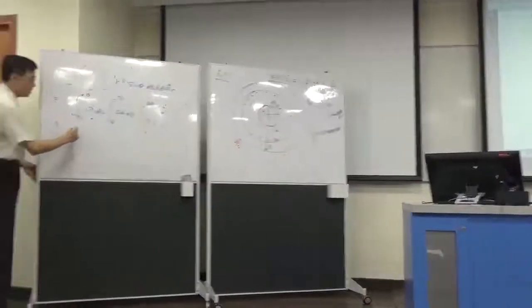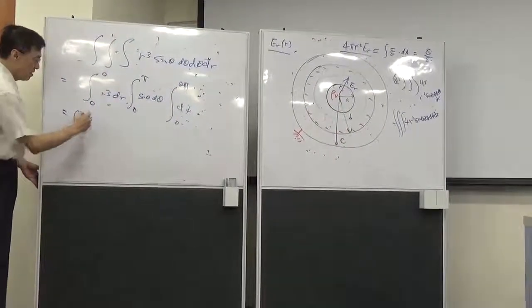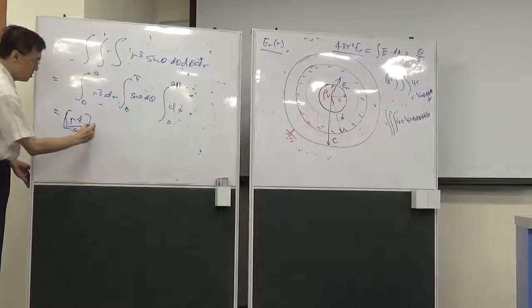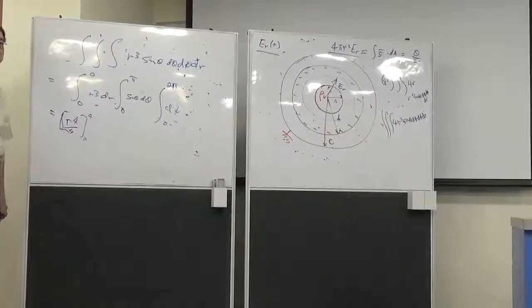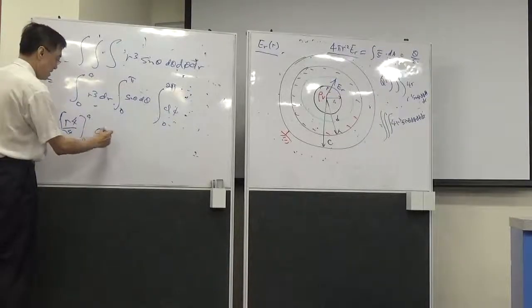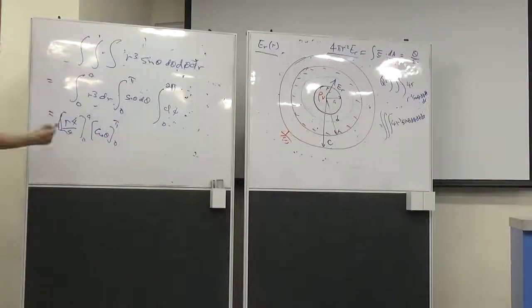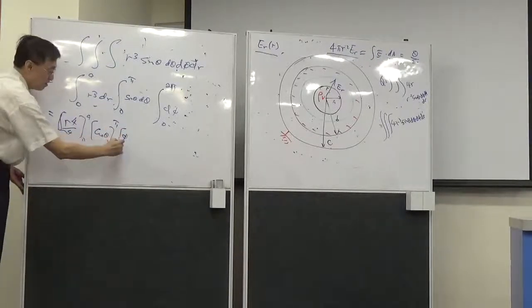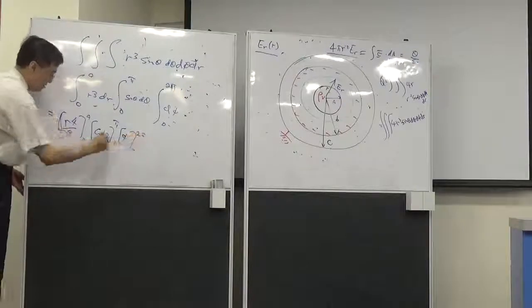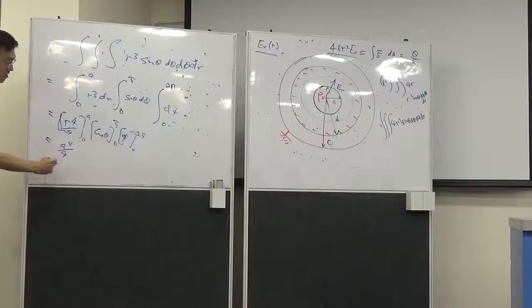So this is R to the power 4 divided by 4, from 0 to A. Integrating sine theta gives cos theta, from 0 to pi. Integrating phi is just phi, from 0 to 2 pi. So this is equal to A to the power 4 divided by 4.